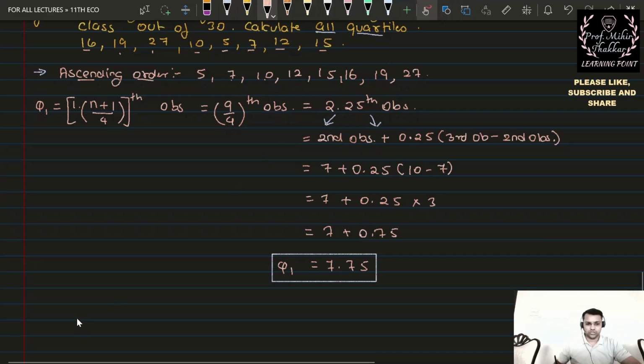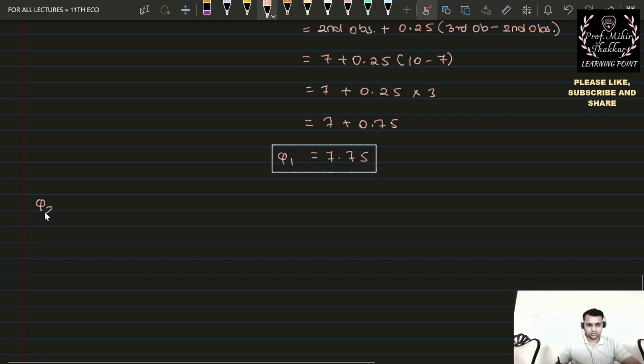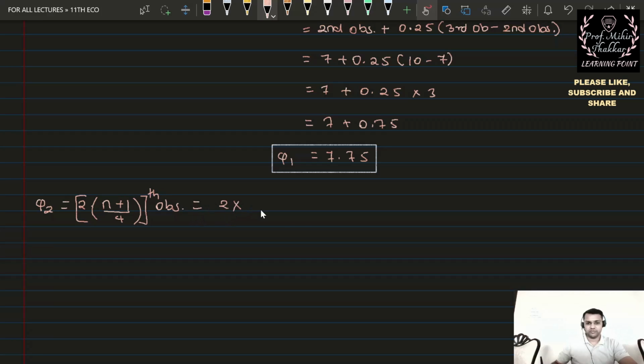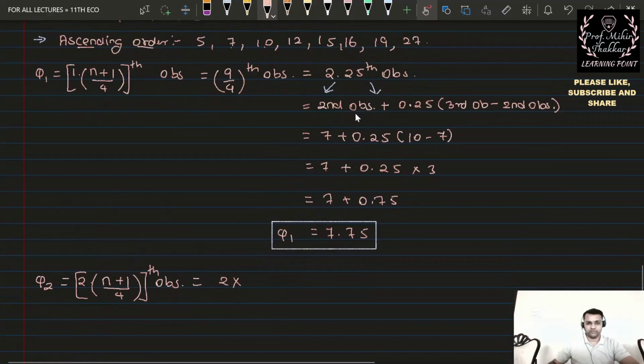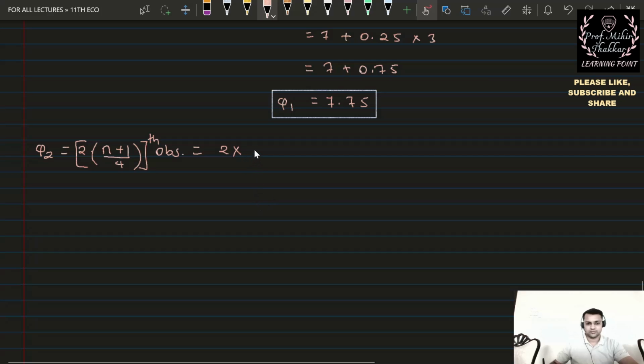Then when we talk about Q2, 2 into (n plus 1) upon 4 observation, which is n plus 1 by 4 we have already taken as 2.25. So directly I can write over here 2 into 2.25th observation, which is now 2.25 multiplied by 2 will give you directly the 4.5th observation.